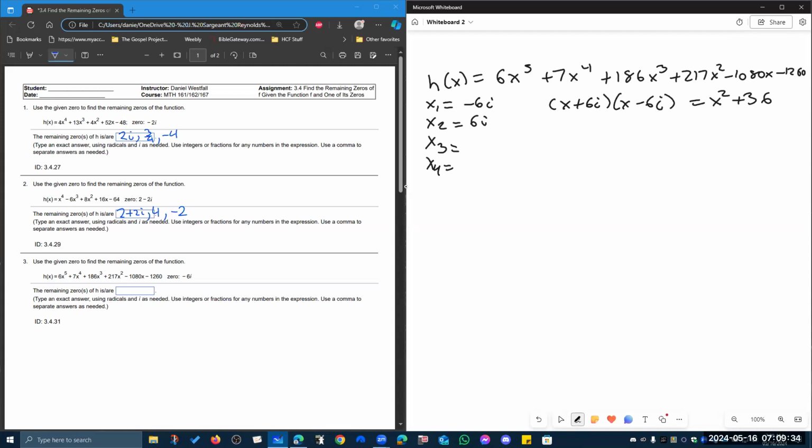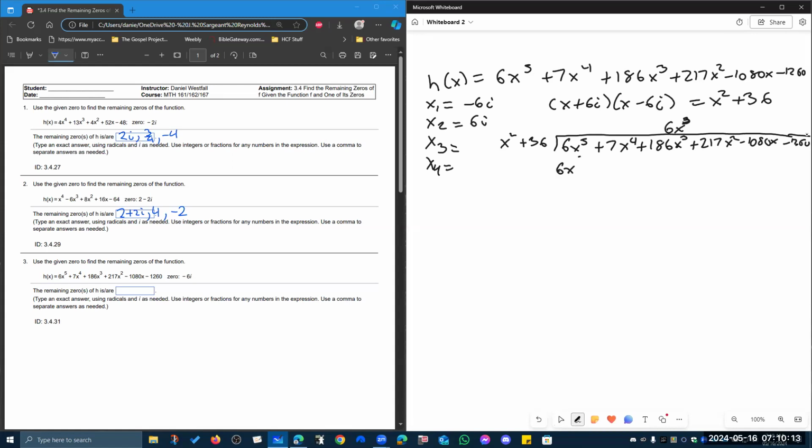So x squared plus 36 divided into, and I'm going to try and write this small enough to fit all of it but still be legible, 6x to the fifth plus 7x to the fourth plus 186x to the third plus 217x squared minus 1080x minus 1260. Okay, so 6x to the fifth divided by x squared is going to be 6x to the third.